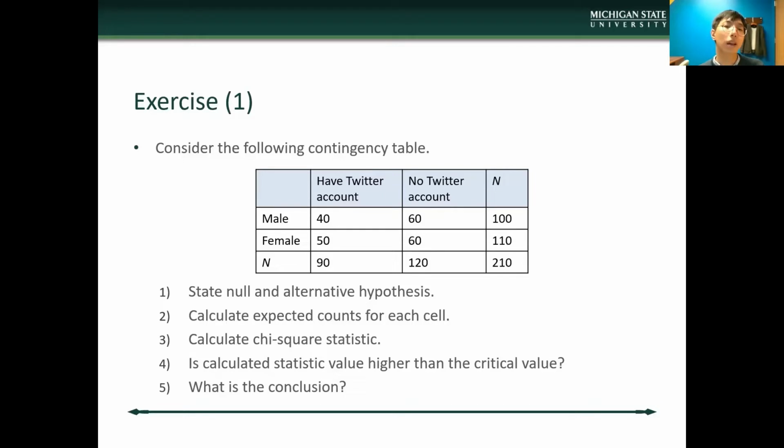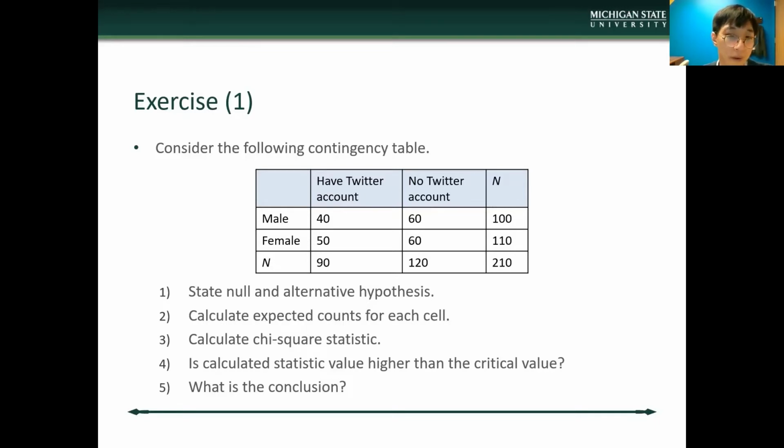You will see this kind of contingency table, and based on it, you have to first state the null and the alternative hypothesis. You will calculate the expected counts for each cell and calculate the chi-squared statistic, and then you will compare the calculated statistic with the critical value.